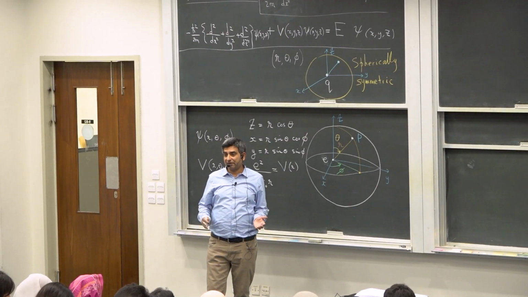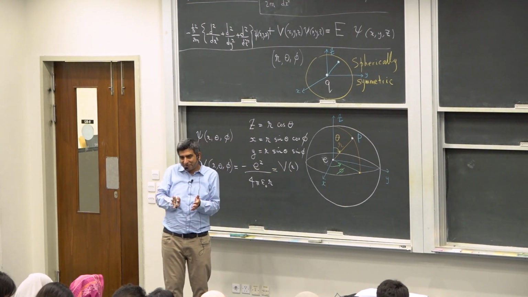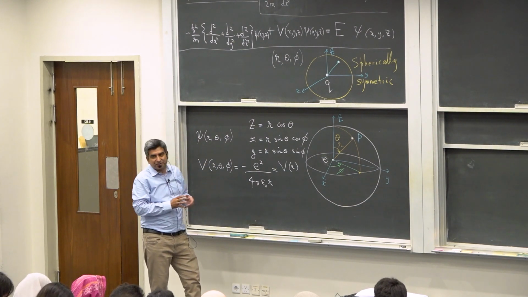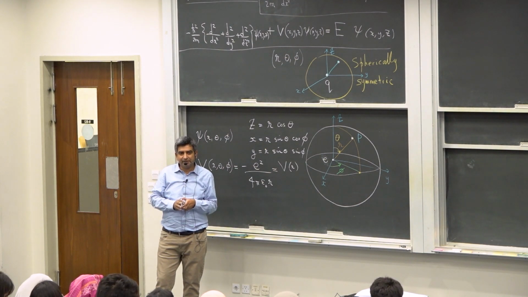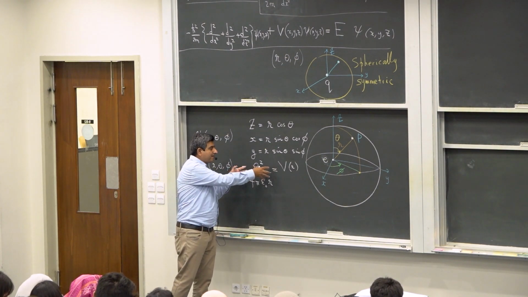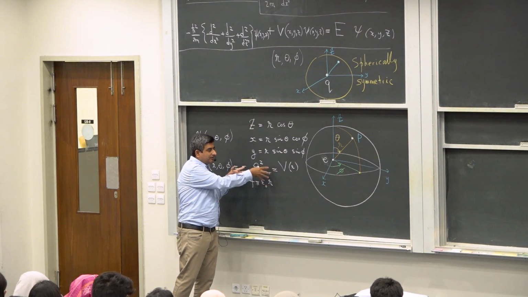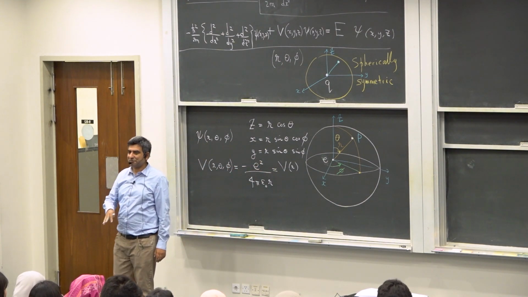Okay, however, if the electron tries to get closer to the nucleus, what's happening to its potential energy? So this thing is decreasing, so all of this is becoming more and more negative. So it's a stable situation.